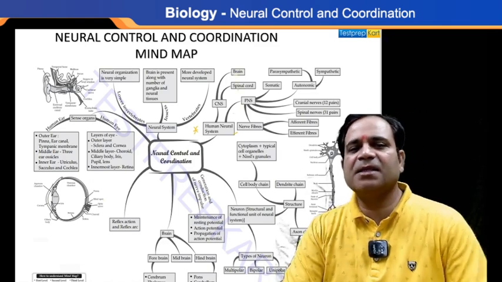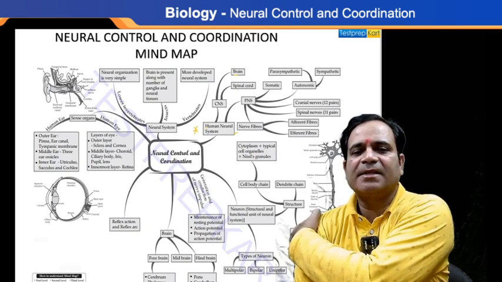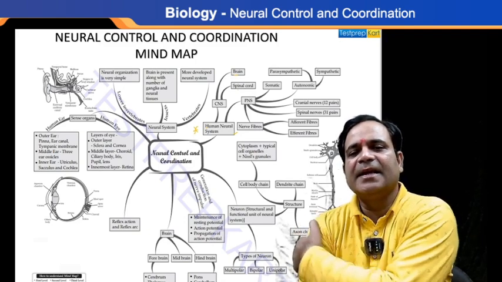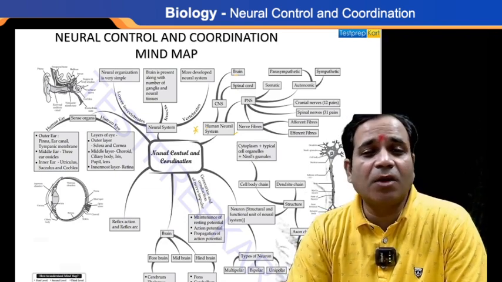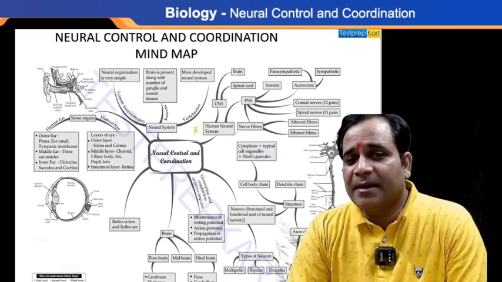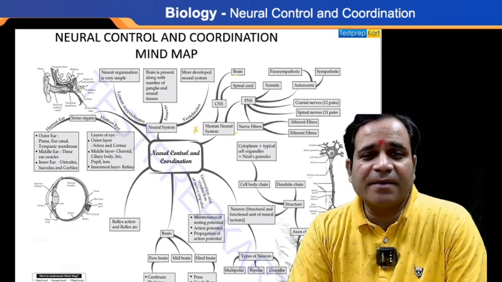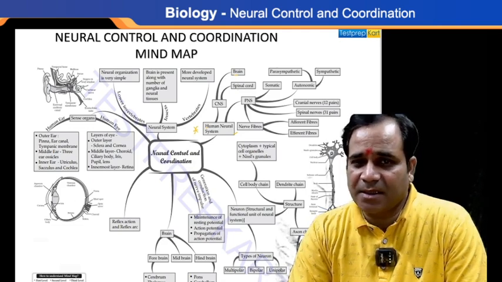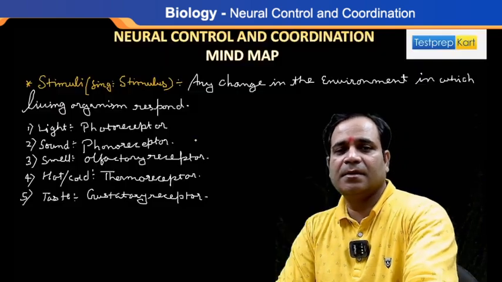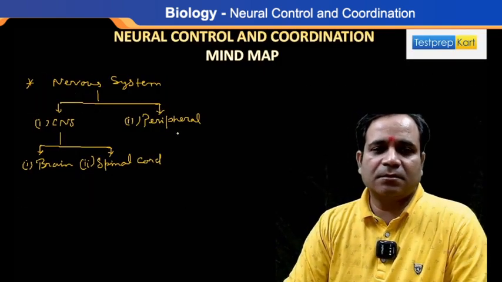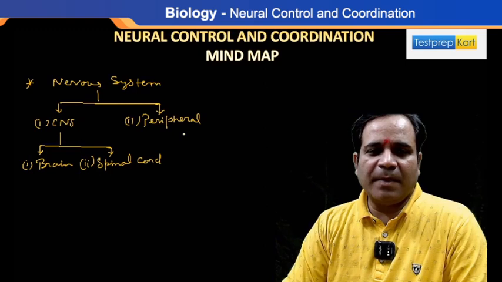Now this PNS is further classified into how many parts? Three parts, you say basically. Number one, that is what? Somatic nervous system, autonomic nervous system, and then nerve fibers. Clear? Now see here, the peripheral nervous system.